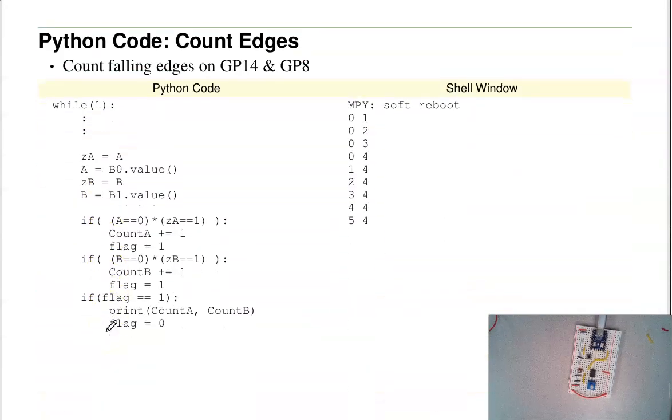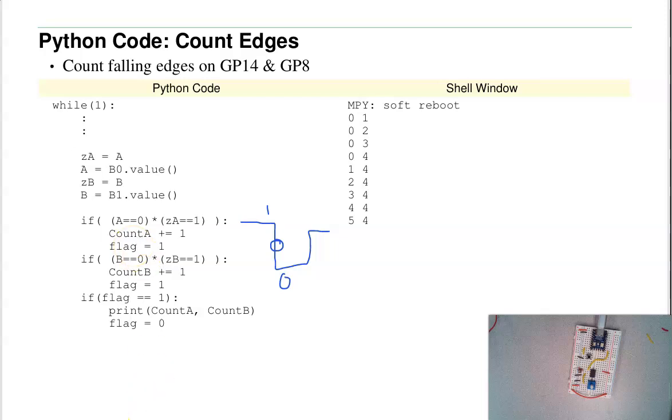Third case, let's build a counter. To build a counter, what I'm going to look for is a falling edge. If I see a falling edge, that means the button was pushed. So I'm going to look at the current value of the button and the previous value. If the current value was a 0 and the previous value was a 1, that was a count.